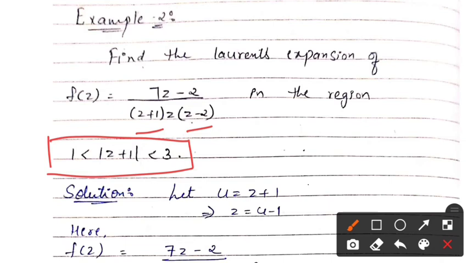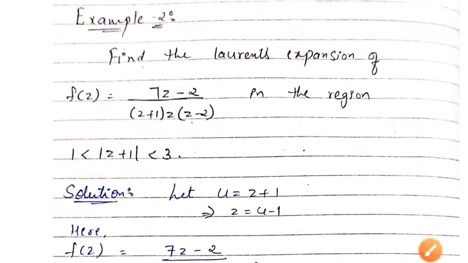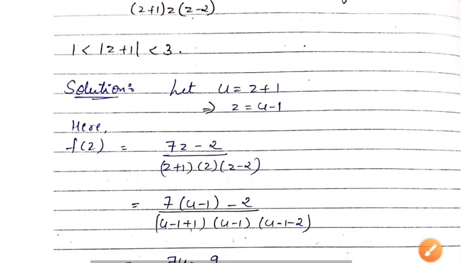Now see what is the difference in this example. In the previous example we had 1 less than mod z less than 2. So if there is any expression in place of mod z, like z plus 1, z plus 2, z plus 3, then first you have to assume it.